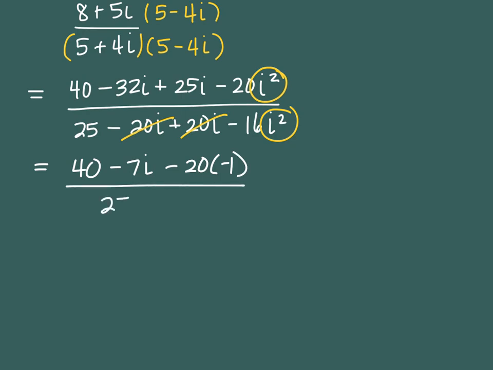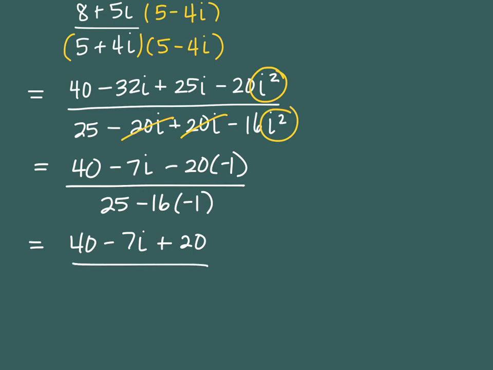And the bottom is the 25 minus a 16, also with the negative 1. So those i squareds at the end both turn into negative 1. Again, they don't cancel each other out, but they change their number to positive. So the 20 turns into positive, and the 16 turns into positive.